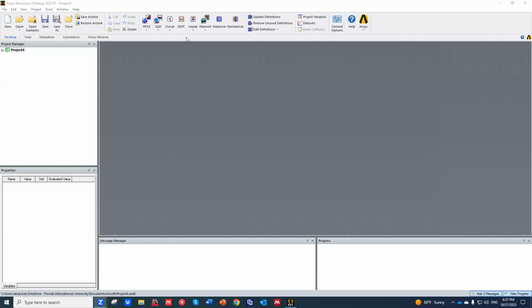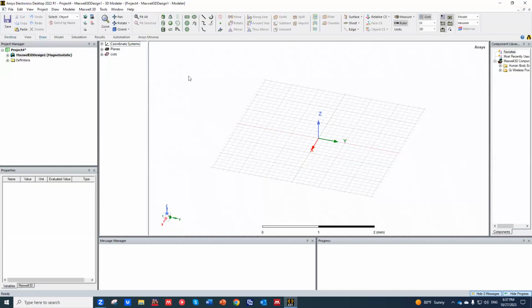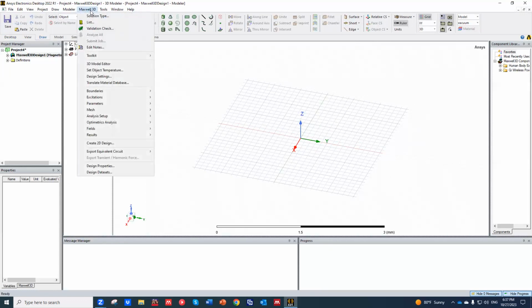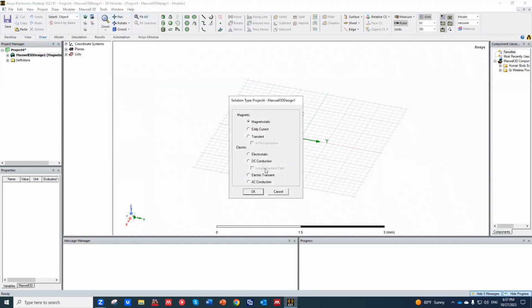So how do I do this simulation? Again, I go to the Maxwell solver, and then I go to the Maxwell 3D and select solution type. So last time we discussed that we've got these 7 different solvers.